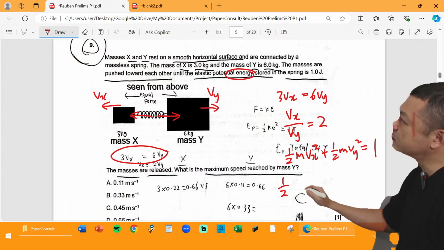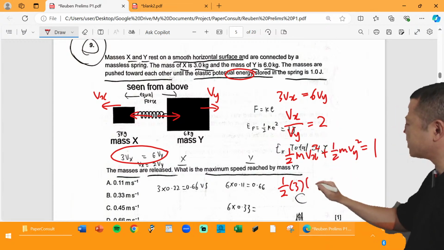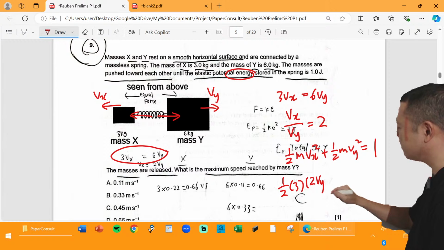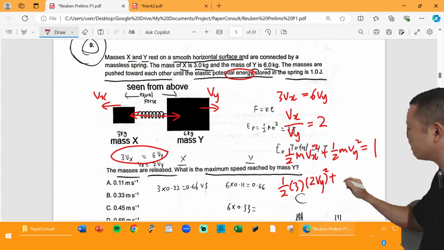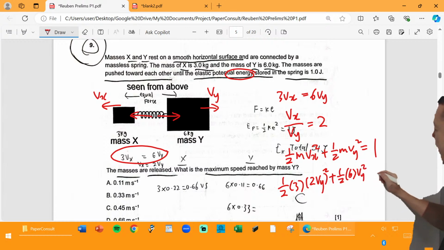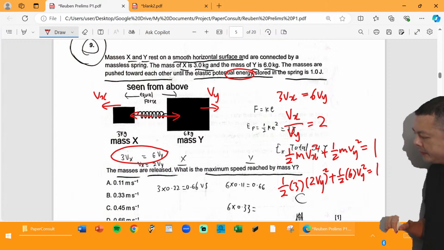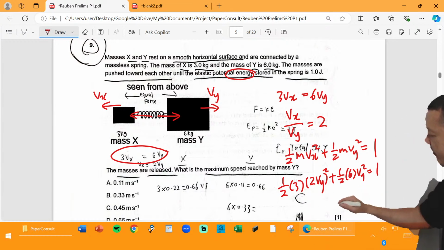So half times 3 times Vx, and I'm just going to sub in 2Vy, because ultimately they want me to find Vy. Plus half times 6 times Vy squared equals 1. Am I going to get in trouble here? I hope not. Looks like I can factorize the whole thing and find Vy.